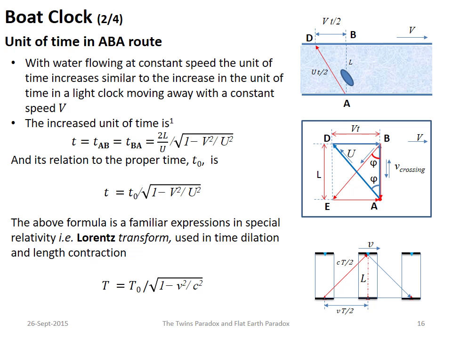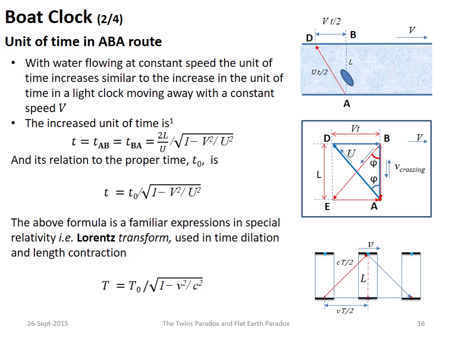With water flowing at constant speed, the unit of time increases, similar to the increase in the unit of time in a light clock moving away with a constant speed of v. The increased unit of time is 2L divided by u divided by the square root of 1 minus v squared divided by u squared.